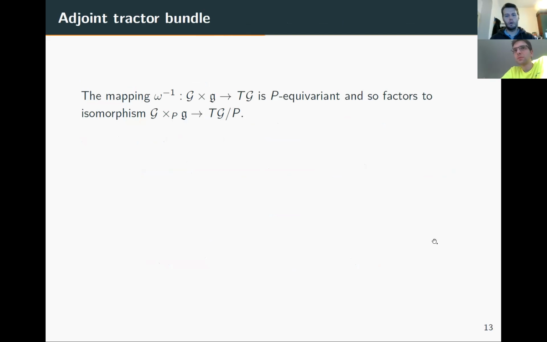And now something which should be familiar to most of you is this nice observation by Stuart Armstrong. You consider the inverse of omega as a mapping from the total space of the bundle times the Lie algebra into the tangent space of the bundle. It's a one-form, so it's a mapping from the tangent space. If you consider the inverse, it's easy to see that it is actually P-equivariant, and so it factors to this isomorphism.